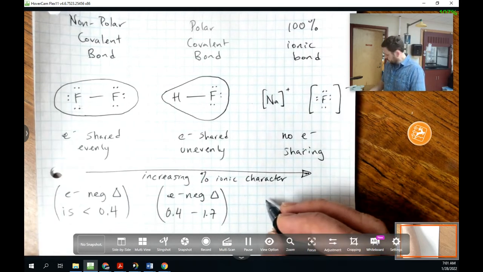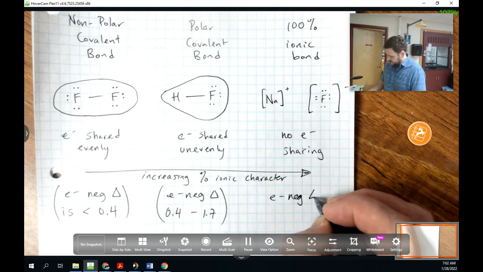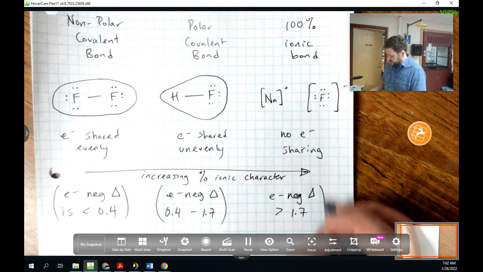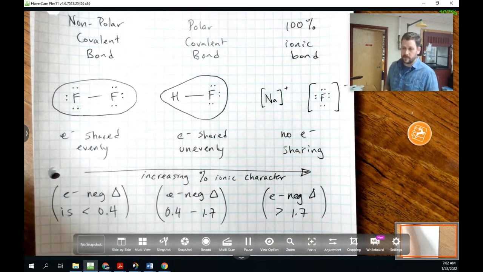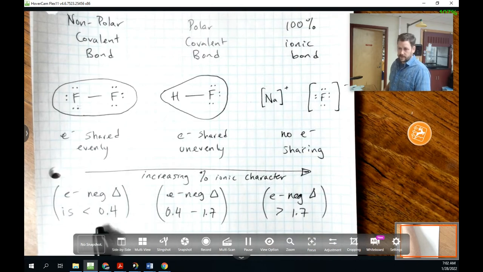And of course, over here, if the electronegativity delta is greater than 1.7, then that's considered to be more ionic in character than covalent in character. So we go from sharing nicely to sharing but not very nicely to not sharing at all.